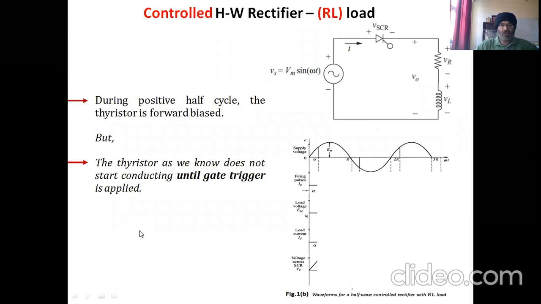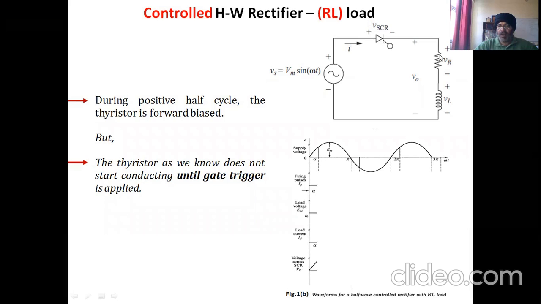So again, the same thing. If we know the working principle of a controlled half-wave rectifier, we can easily relate it with the uncontrolled by assuming alpha equal to 0. Okay, so let's say we have again the half-wave rectifier circuit, but the only one additional element over here is the inductance.